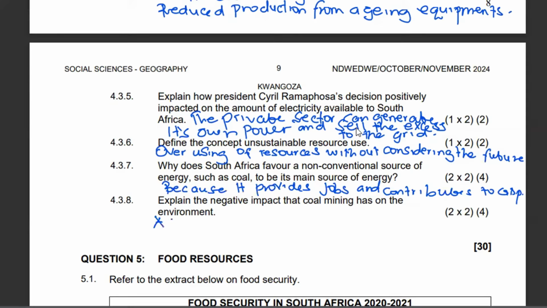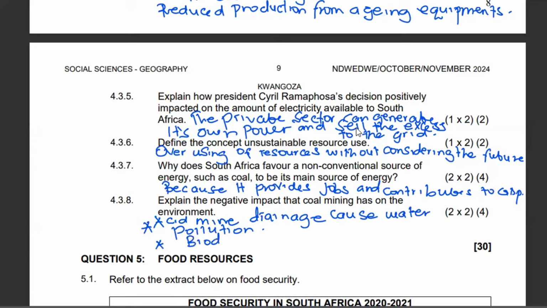You can also talk about biodiversity. Biodiversity is reduced.